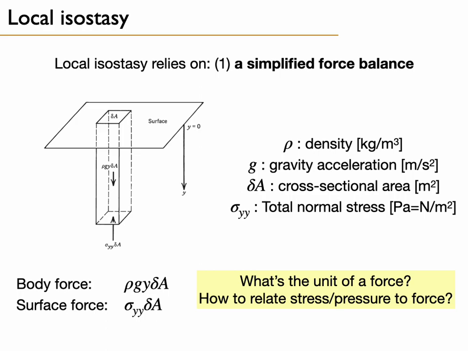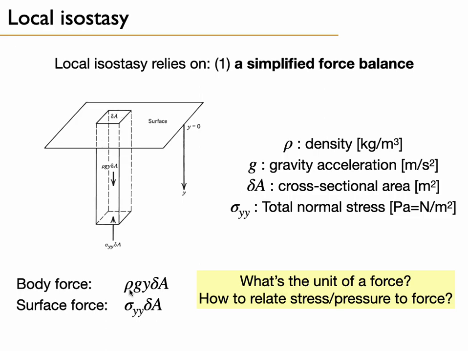The local isostatic models will rely mainly on two principles, and the first principle is the simplified force balance. So if we keep focused on this diagram here, we will see two forces which are of two different kinds. The first force is the body force. The body force is the force which is acting over the whole dense object here, over the entire volume of the object.